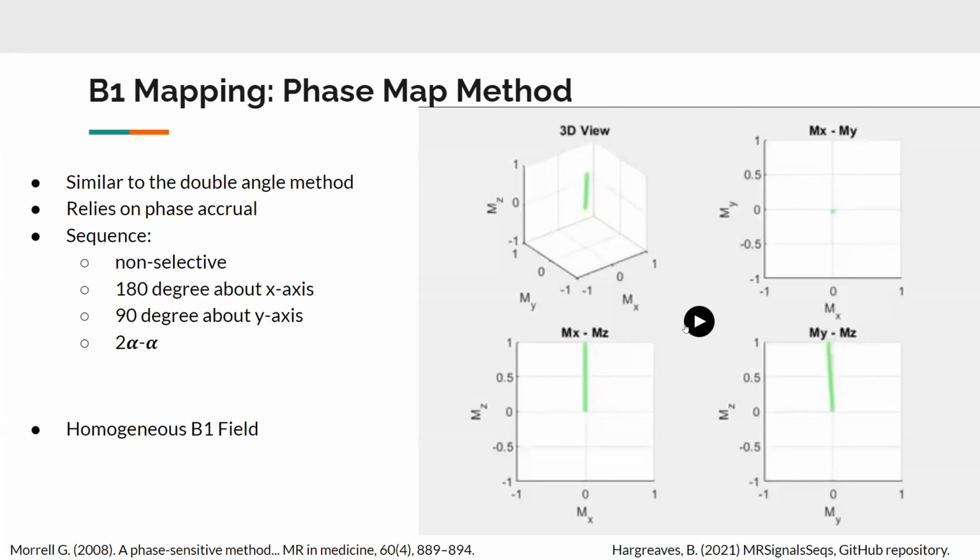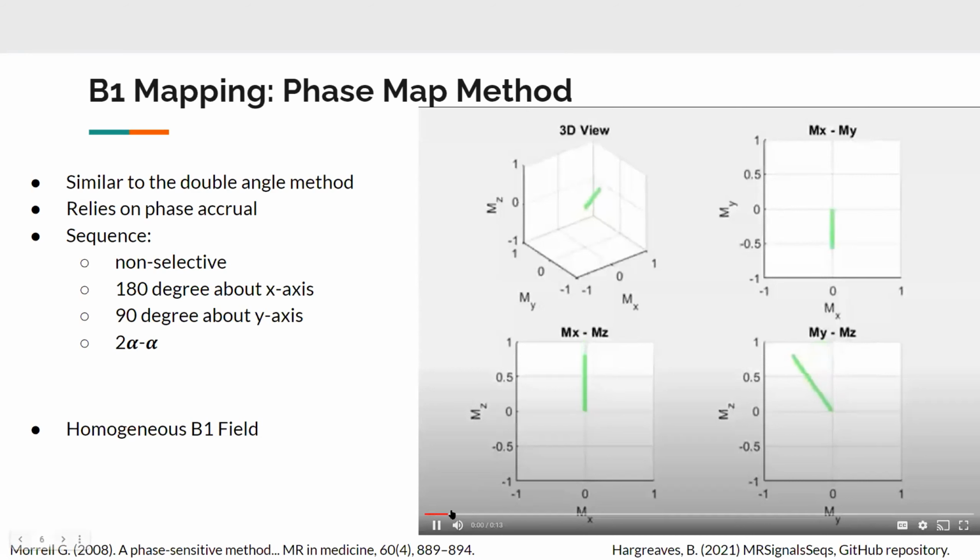And I'll show what that would look like in this video right now. Basically, you start off with all the magnetization in the z direction, and after applying both rotations, everything will be in the x direction. So under a perfect field, everything will start off in the z direction, and you can follow the Mz graph down here. Everything will rotate from positive Mz to negative Mz.